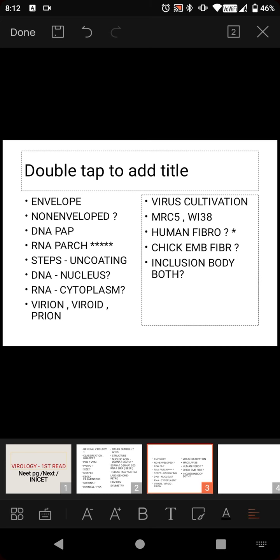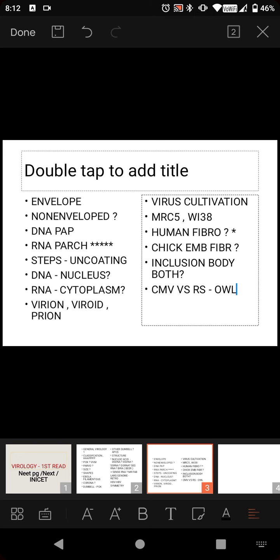Then coming to the owl's eye inclusion bodies: cytomegalovirus versus Reed-Sternberg cells, because both contain owl's eye. Cytomegalovirus is both intranuclear and intracytoplasmic, whereas Reed-Sternberg is only nuclear.